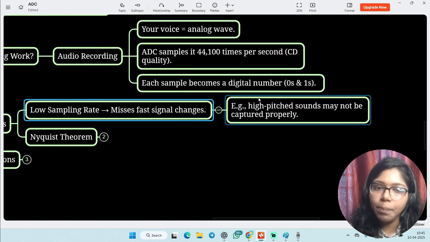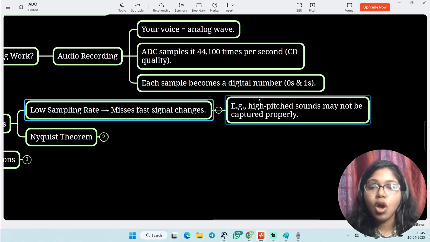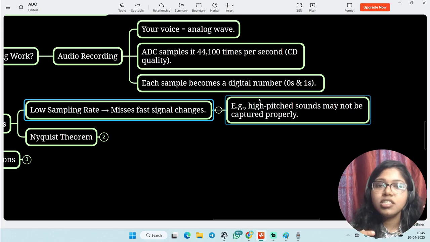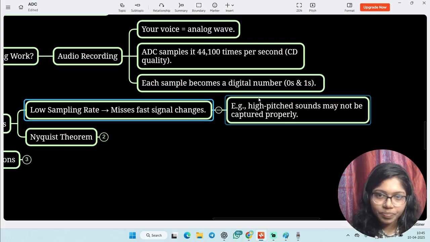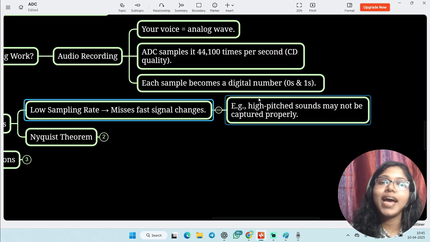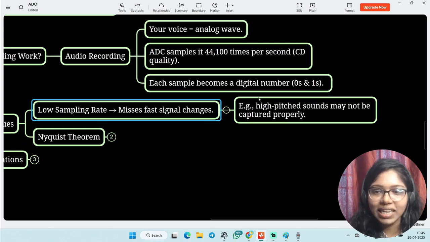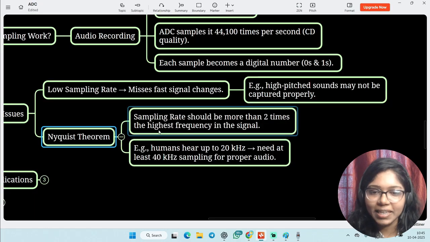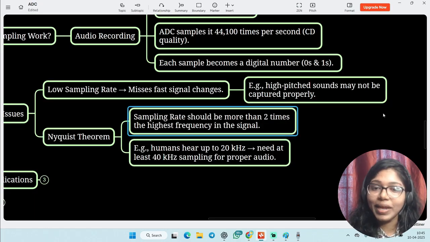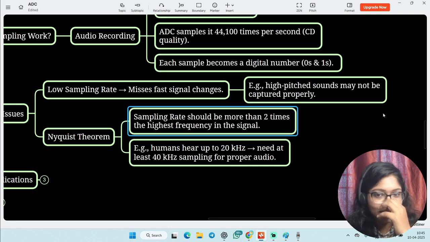Sometimes if you are speaking in a high-pitched manner, or very fast, some of the data might be missed out. So the Nyquist theorem is there. What is the Nyquist theorem telling us? Your sampling rate should be 2x the highest frequency in the signal.